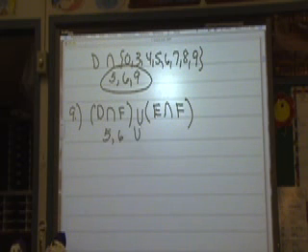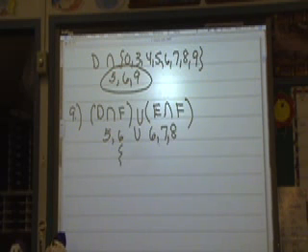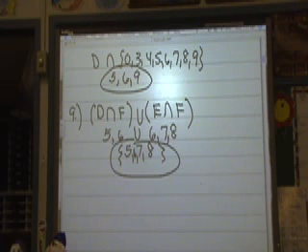What is in E intersection F? 6, 7, 8. 6, 7, and 8. So if you join those two sets together without repetition, what would you have? 5, 7, 8. What about 6? Oh yeah, 5, 6, 7, 8.